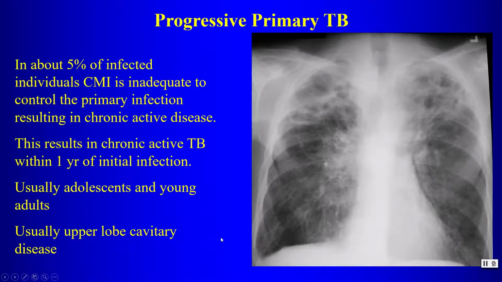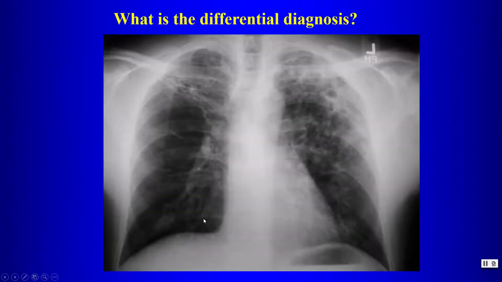Now, progressive primary TB is when, in patients who are initially infected, the cell-mediated immunity is inadequate to control the primary infection, and these patients go on to develop chronic active disease. So they develop this chronic active tuberculosis within 1 year of initial infection, and this can affect young people, and these patients can have upper lobe fibrocavitary disease. So what is the differential diagnosis when we have upper lobe fibrocavitary disease like this?